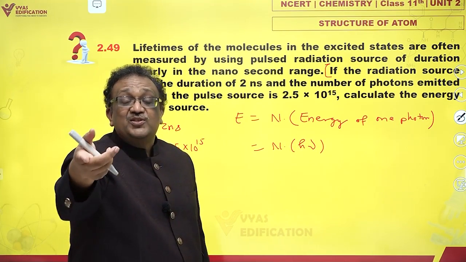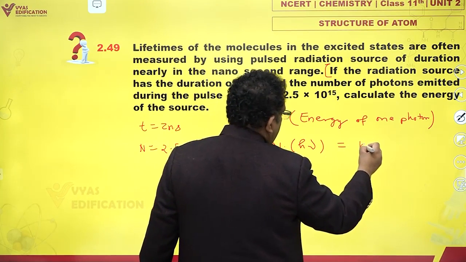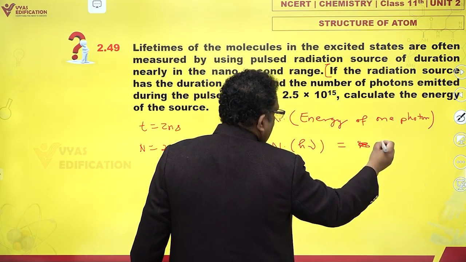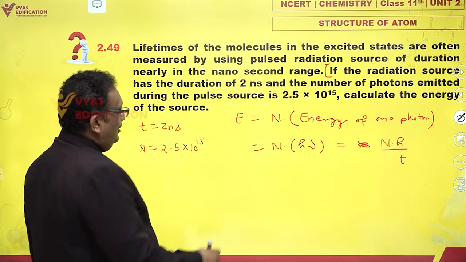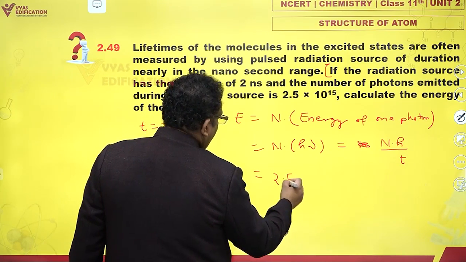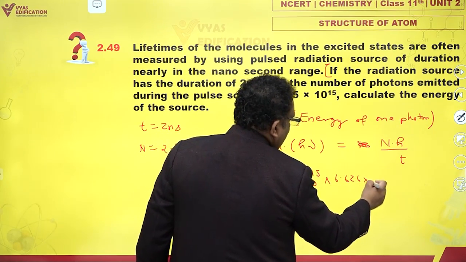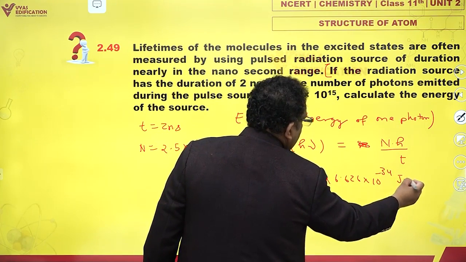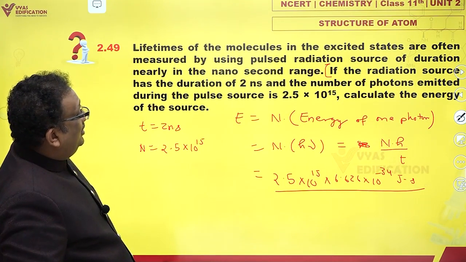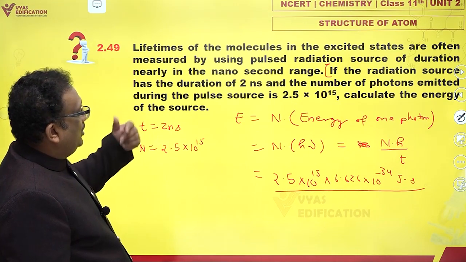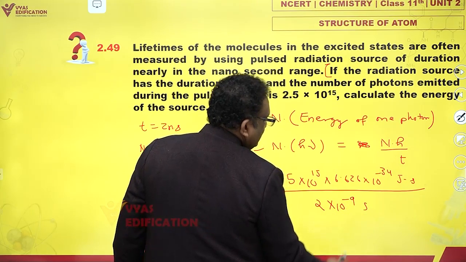Now, frequency is the reciprocal of the time period. So this is n times h by T. n is 2.5 × 10^15, h is 6.626 × 10^-34 joule second, divided by the time period, which would be 2 nanoseconds, so 2 × 10^-9 seconds.